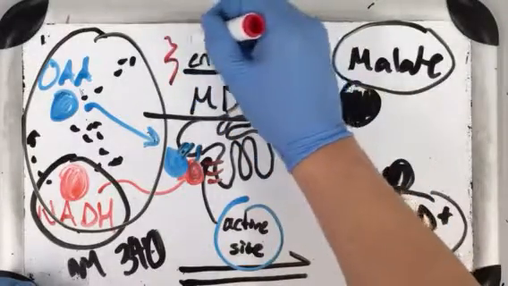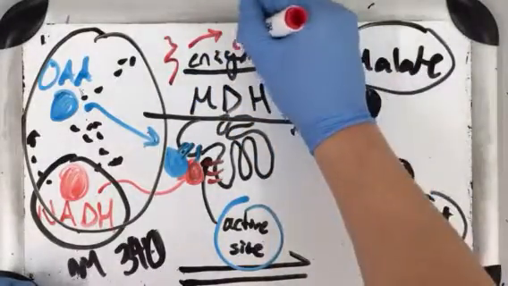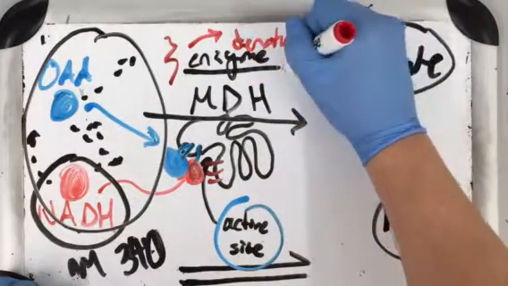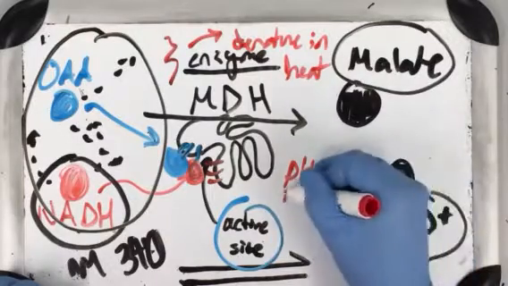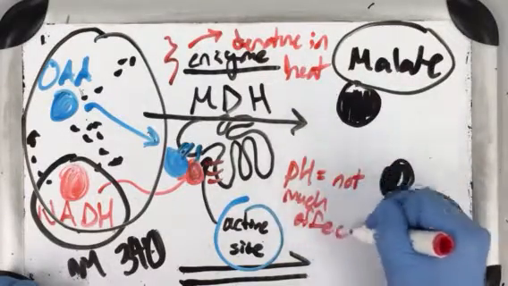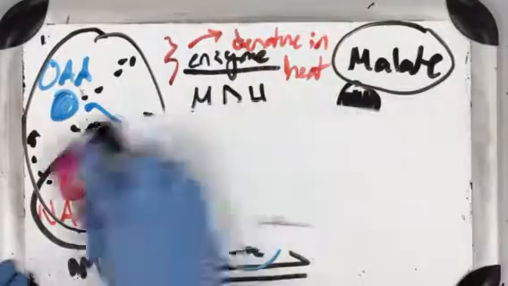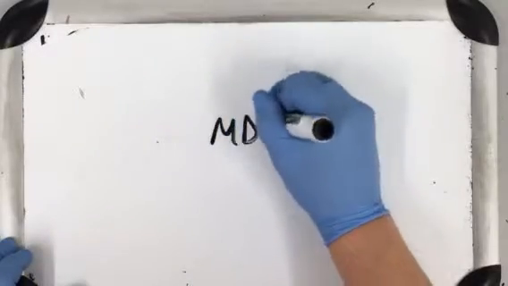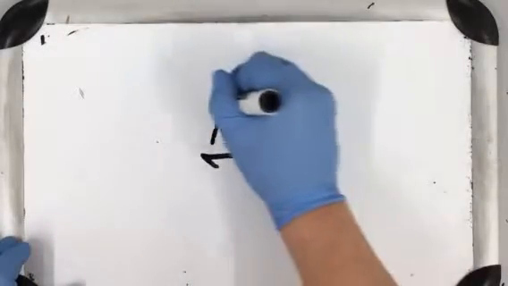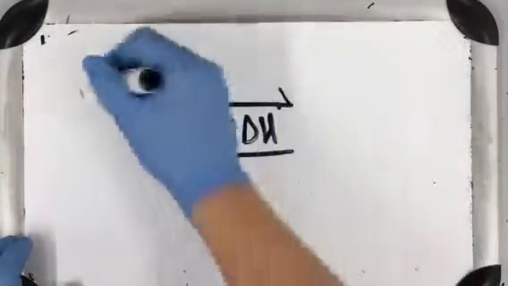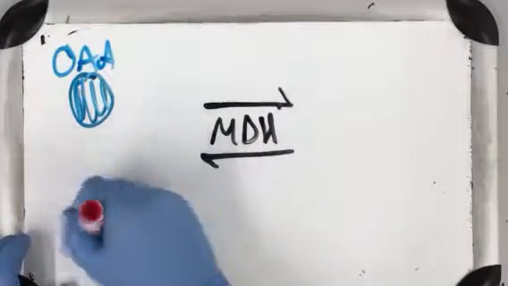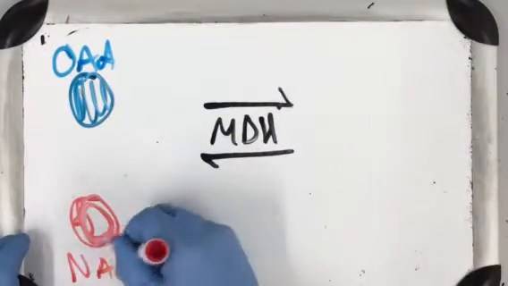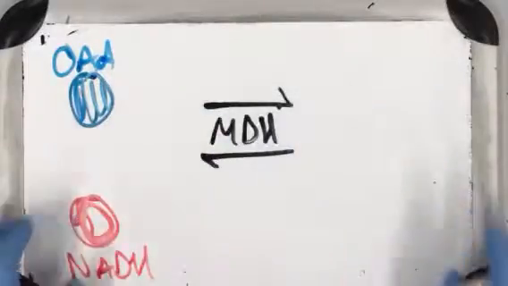When we heated it up, we found that the enzyme could denature in heat. pH had not much effect. But one thing we did find was that when we had oxaloacetate and NADH, usually we're going to be able to go this way because that's the way we're controlling.